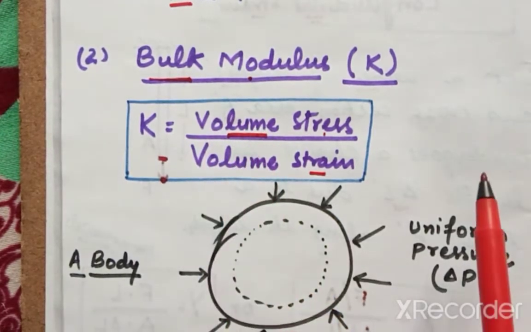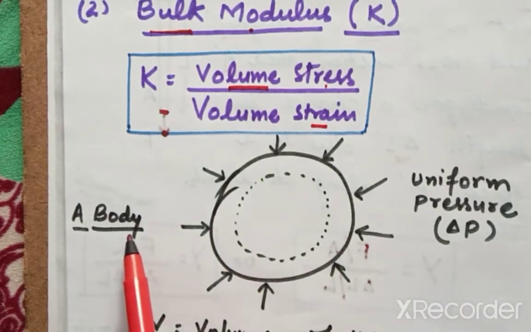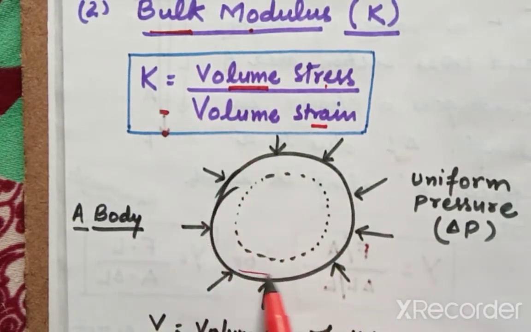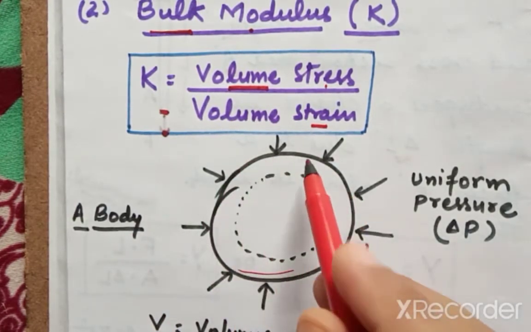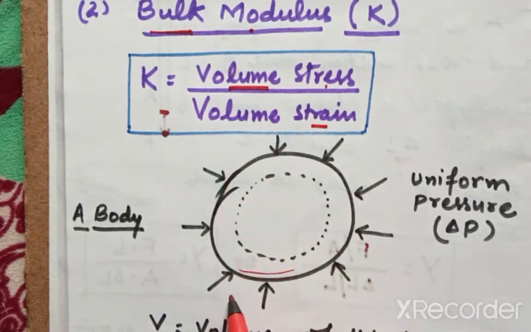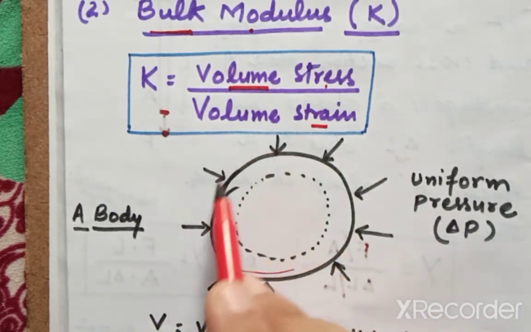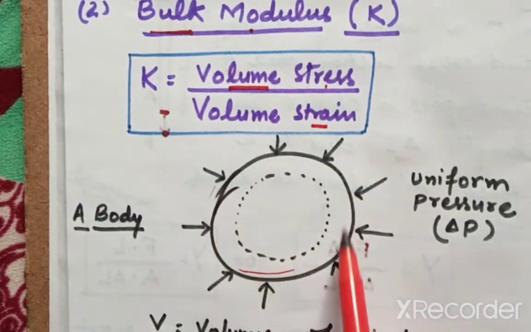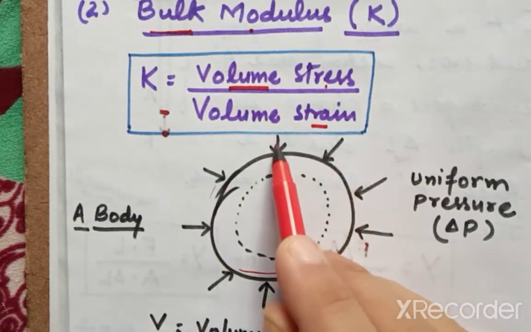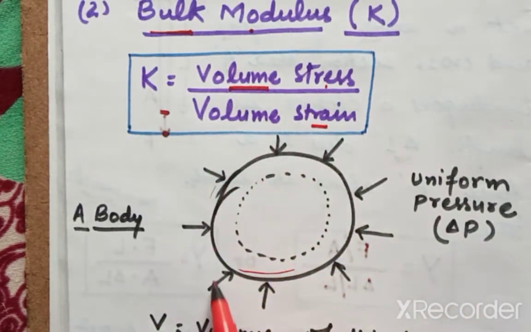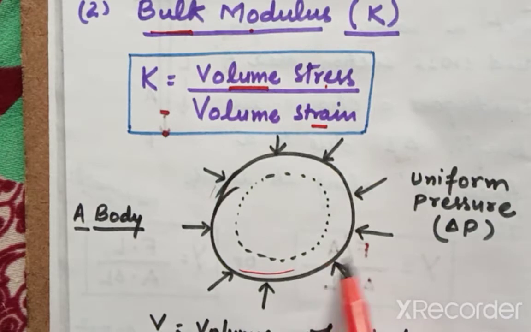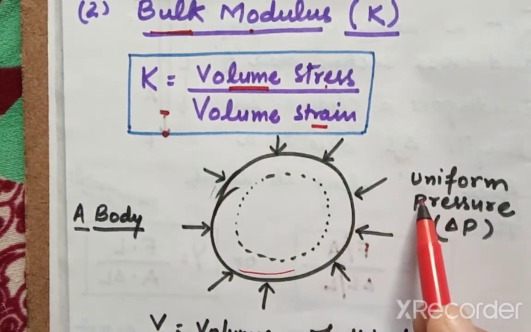Suppose a body which is spherical in shape, like a rubber ball, is immersed in the water. Then from all the sides the normal force is acting and that makes a pressure.